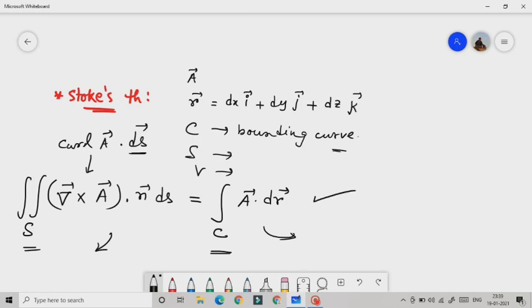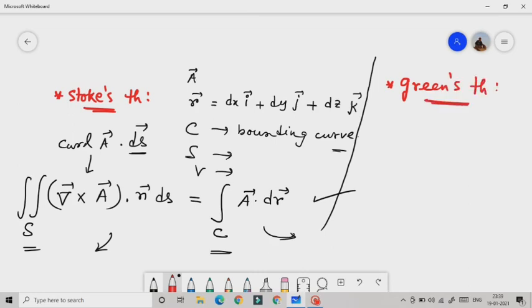With this understanding of Stokes theorem, we have a particular case of Stokes theorem which is known as Green's theorem. In fact, this is an exercise: one can easily show that Green's theorem is nothing but a special case of Stokes theorem. In Green's theorem, all the formulations are the same.